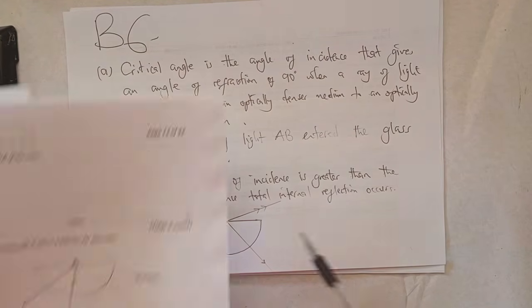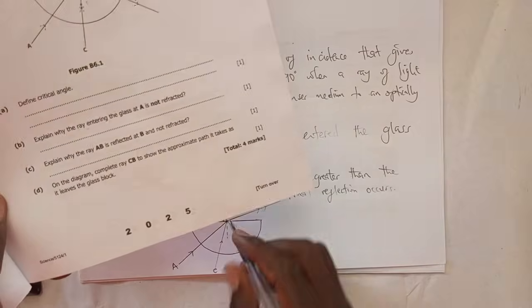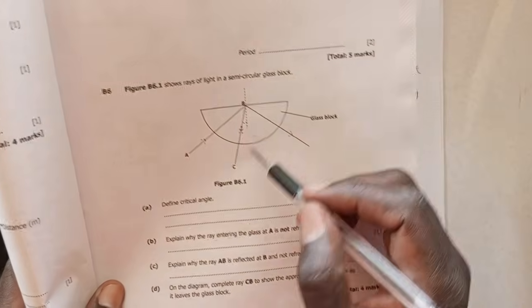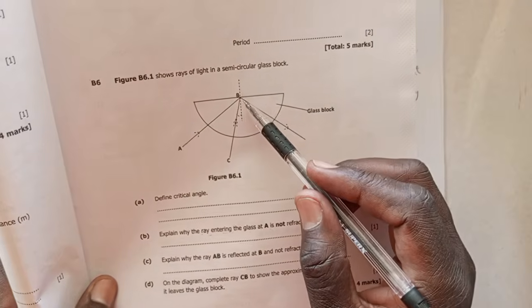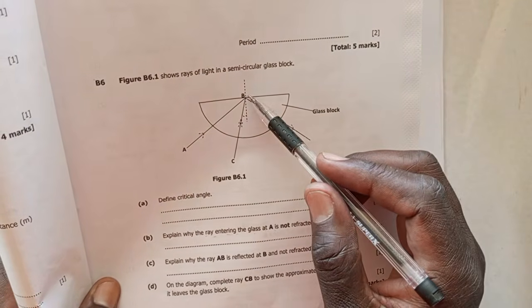So this would be the diagram, you would have something of this nature. Because you are asked to complete ray CB, and this ray CB is just ending here, complete it as it leaves the glass block. Like I said, it would be slightly somewhere here.